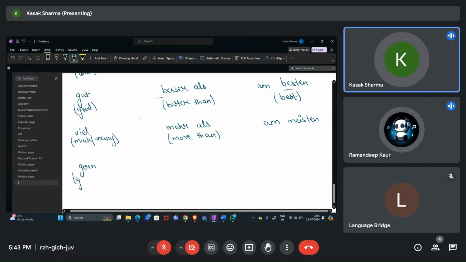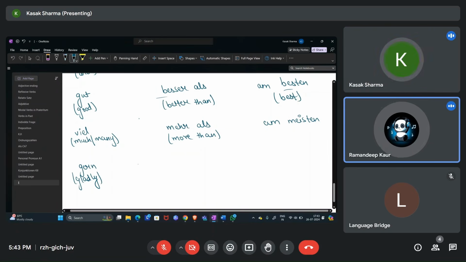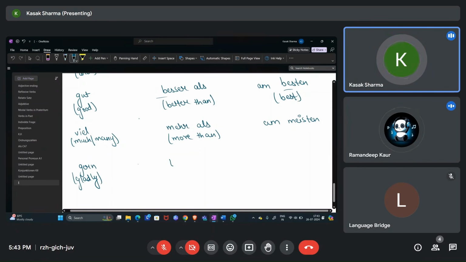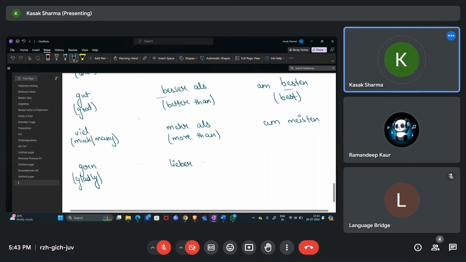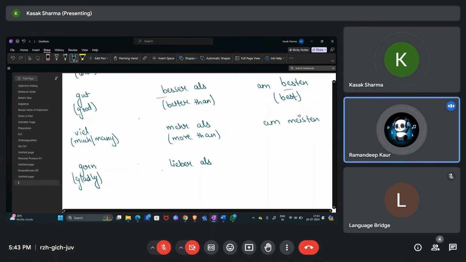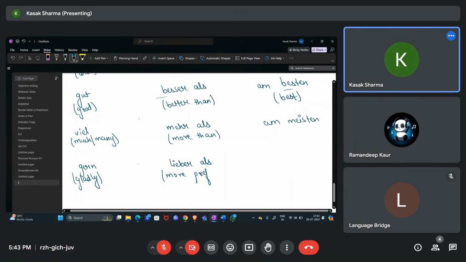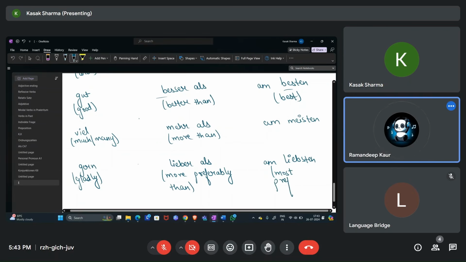Gern is gladly. For the comparative between two, it is lieber als, more preferably than, and then your thing or place comes, and am liebsten, most preferred.